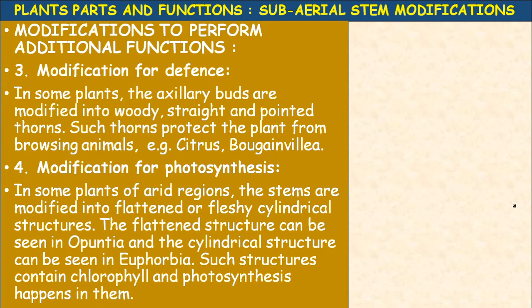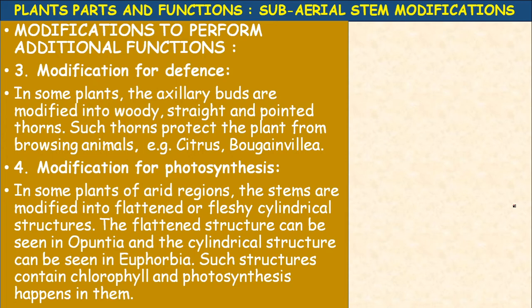Examples: citrus, meaning the lemon group of plants, it may be orange, lemon, and bougainvillea. Even pomegranate also, you can see these thorns. Spines are sharp but thorns are somewhat bent. Even jujube, berries also.